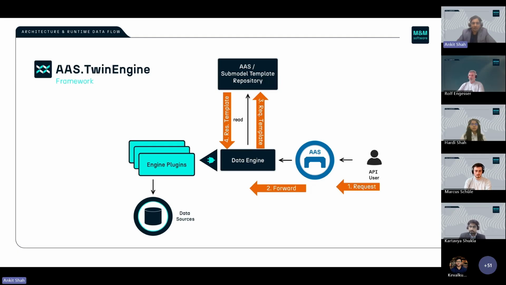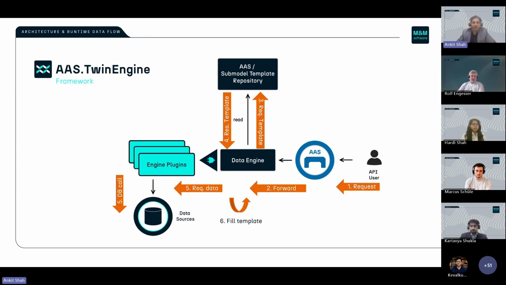So what happens after that? The data engine requests the required data from the plugin, and the request is sent to the plugin in the form of JSON schema. At the plugin side, the plugin retrieves the data from the data source based on the request it received from the data engine and returns the values back to the data engine.